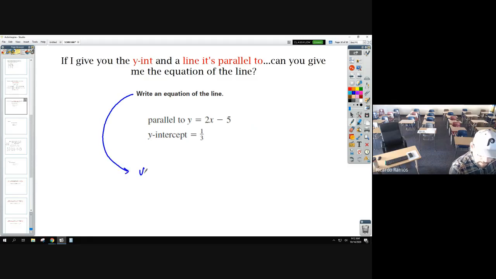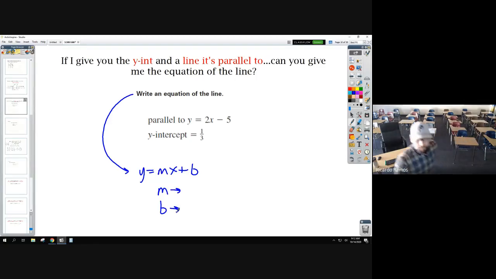If it says write the equation of a line, you know it's going to be in slope-intercept form, right? And you know you need to plug in the slope and the y-intercept. Well, for these problems, they told us the line we're writing the equation to is parallel to this line. And like we learned in this section, parallel lines have the same slope.